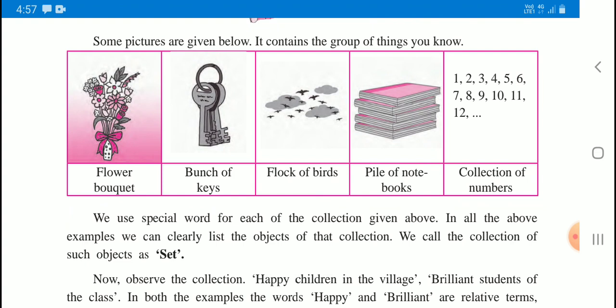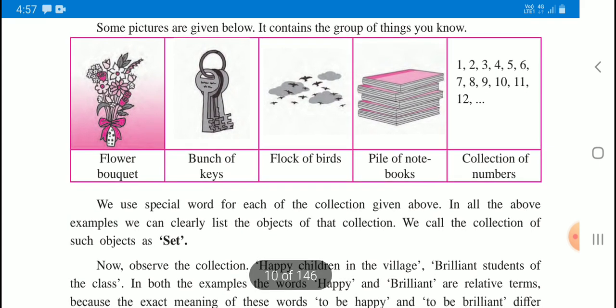In the fourth picture, they showed a few notebooks kept one upon another, so it is a pile of notebooks. And in the last one, you can see the numbers from 1 to 12, and the 3 dots show the numbers after 12. So this is a collection of numbers.